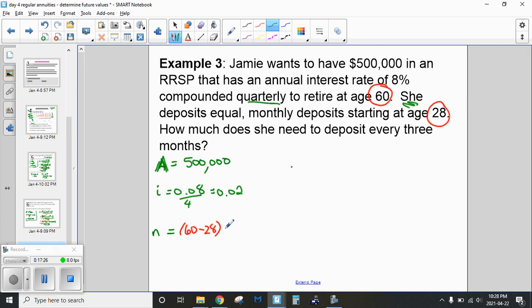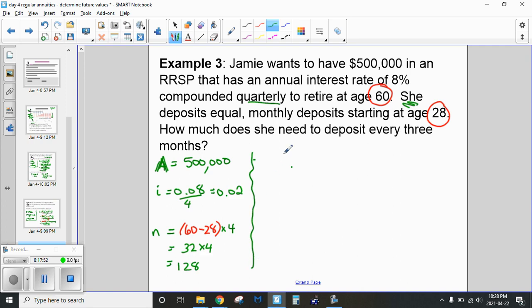And she's making those payments for all of those years. And she's doing quarterly payments, so 4 times per year. So there's 32 years where she is making these deposits. And in total, that comes out to 128 of them. Okay, that's a lot of prep work for the question.